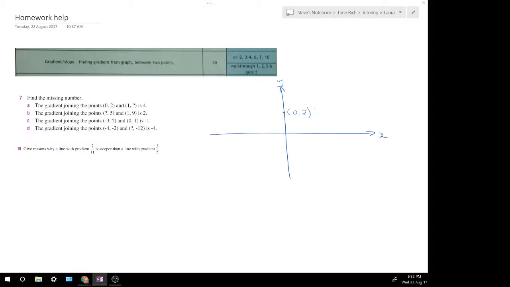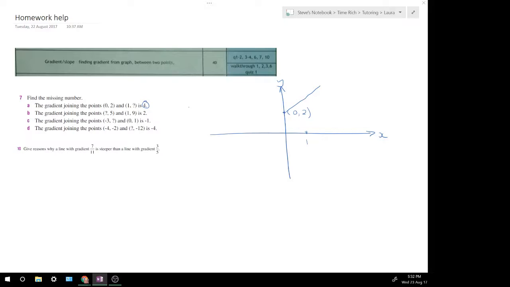And it's saying that the next point is at 1, something. We don't know what the something is. So the x is 1, but you don't know roughly where it is. Let's just make a guess. It's saying that the gradient, the slope, is 4.